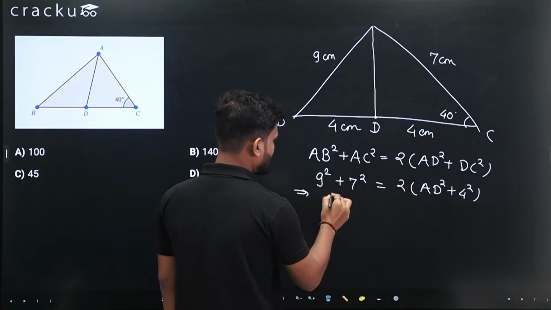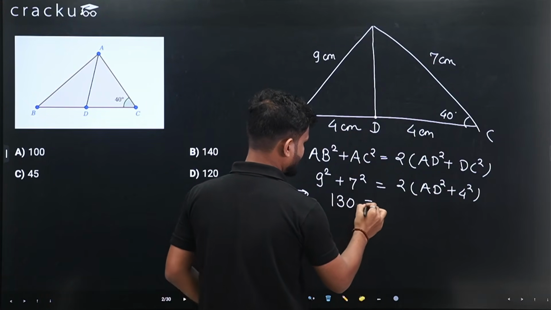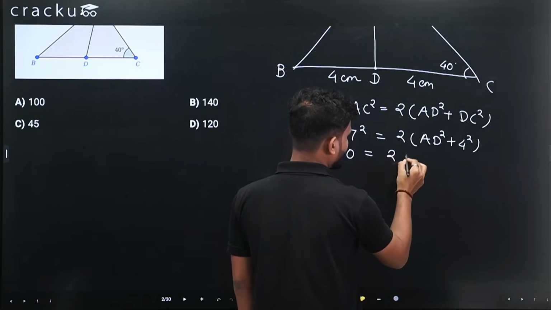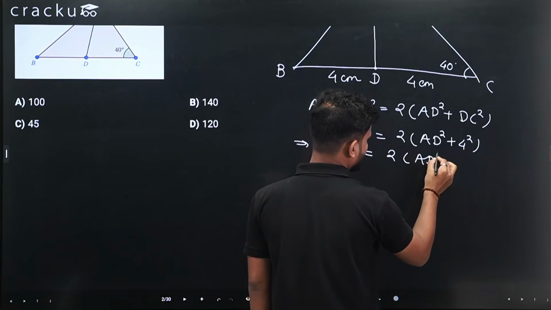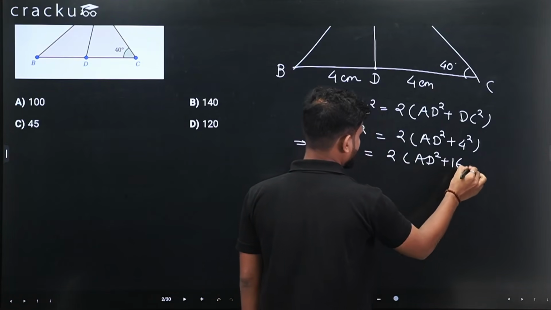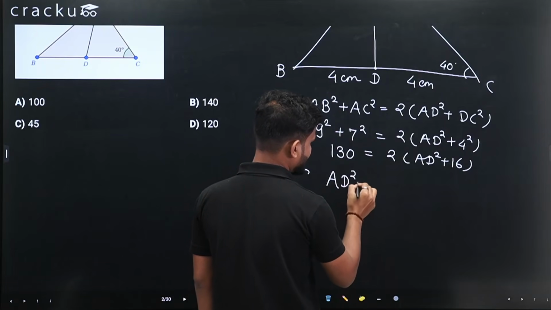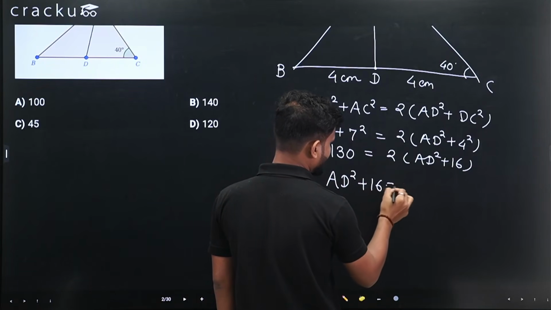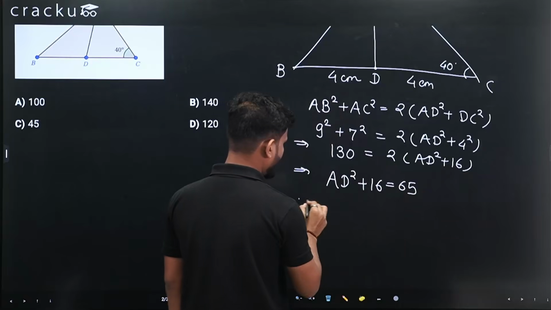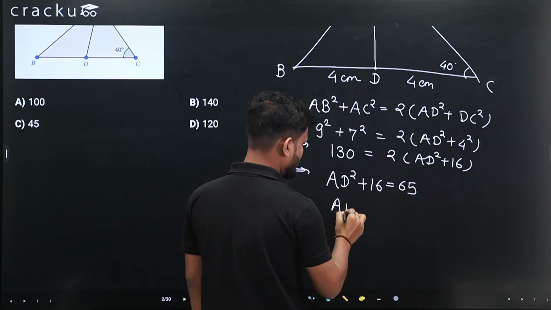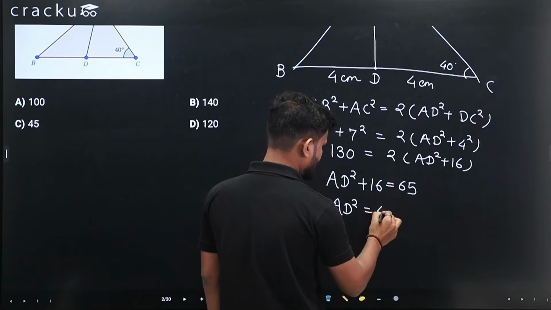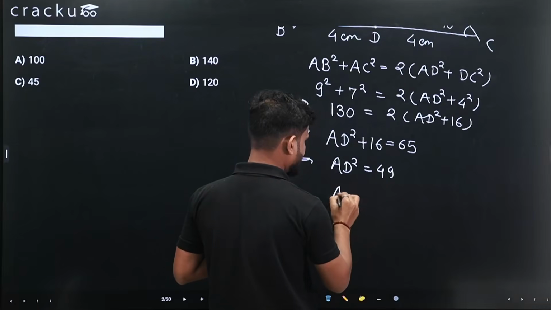From here you get 130 is equal to 2 into (AD square plus 16), or from here I can say AD square plus 16 is equal to 65, or AD square equal to 49, or from here I get AD is equal to what?